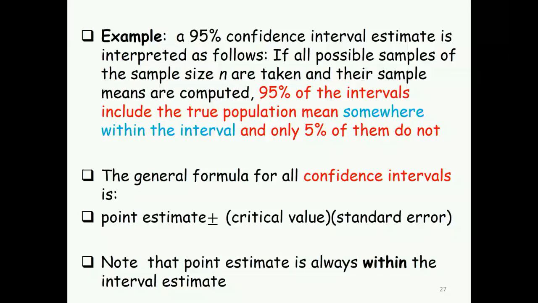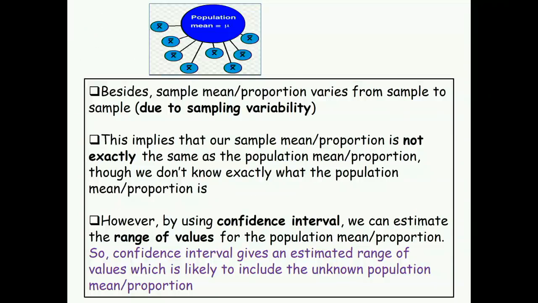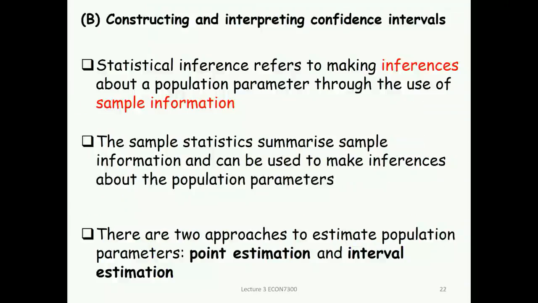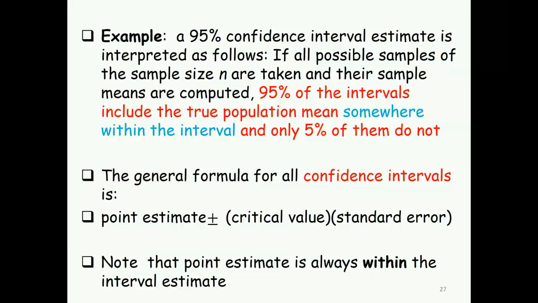But we know that there is a lot of variability. So we take into account that variability. So always point estimate, X bar or P hat, plus or minus critical value. This is what I find from the table. And standard error must be estimated. The whole of this, we call it margin of error.